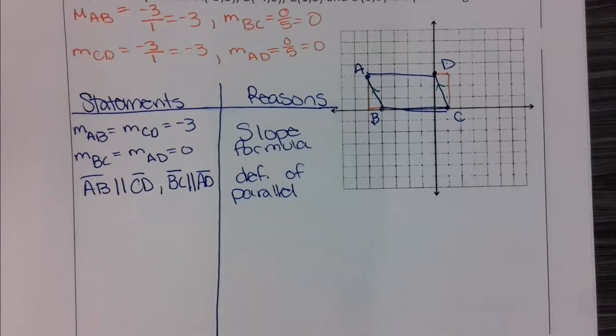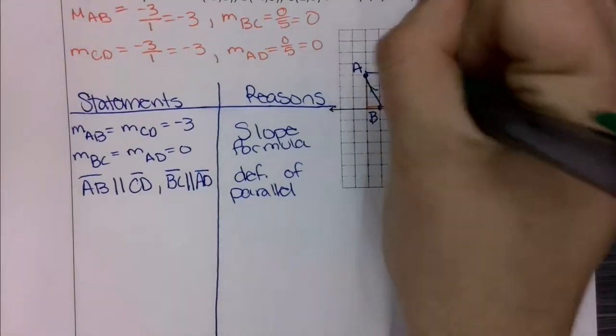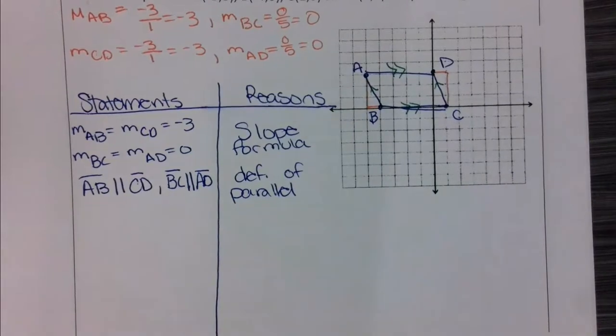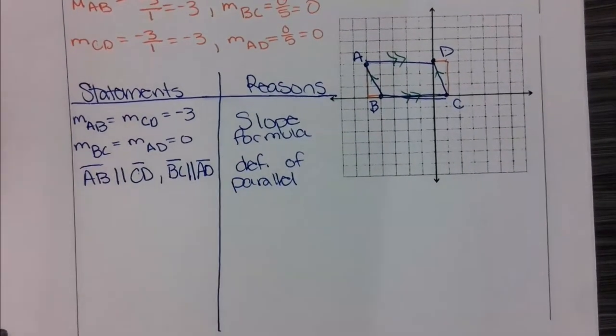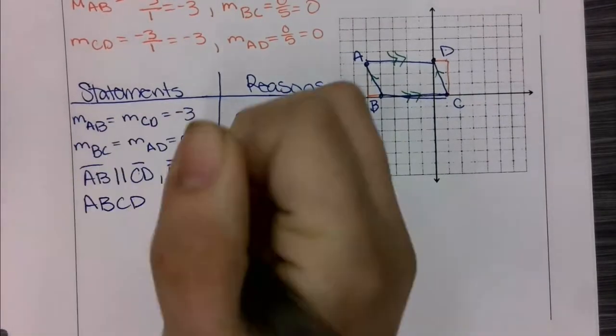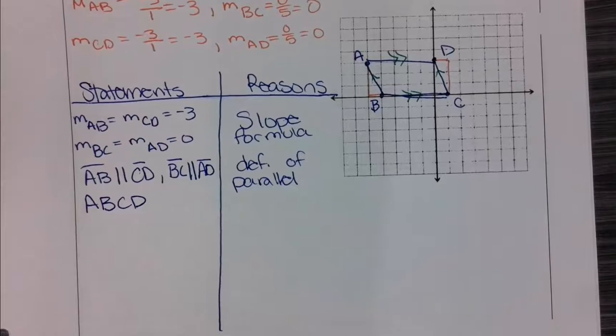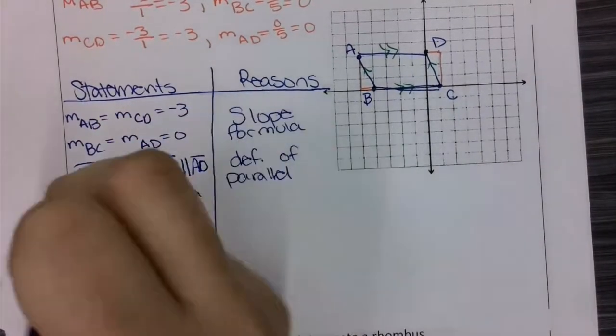Okay, so I know my two sets of lines are parallel. What can I say now about this shape? There's no special shape in front.